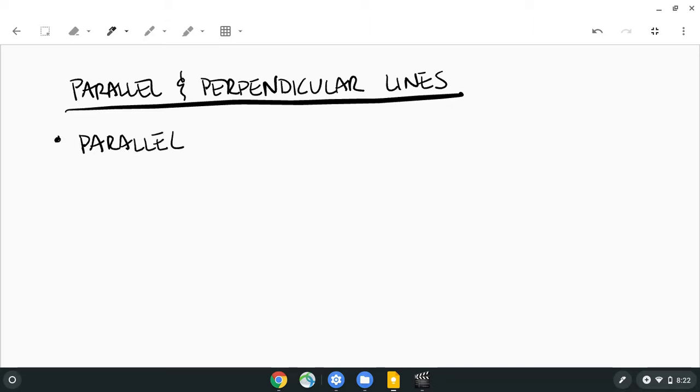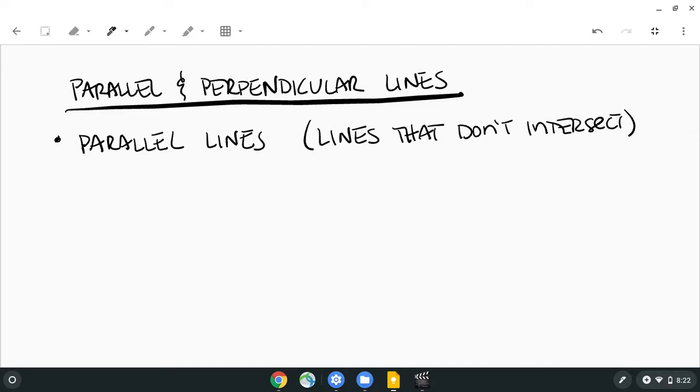Parallel lines. These are lines that don't intersect. They don't cross. Okay, so when you look at them, they look like this. They're not going to cross ever.